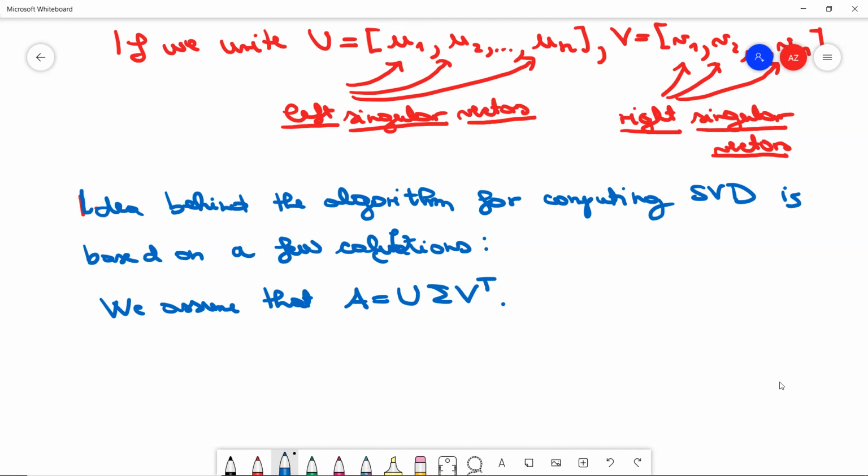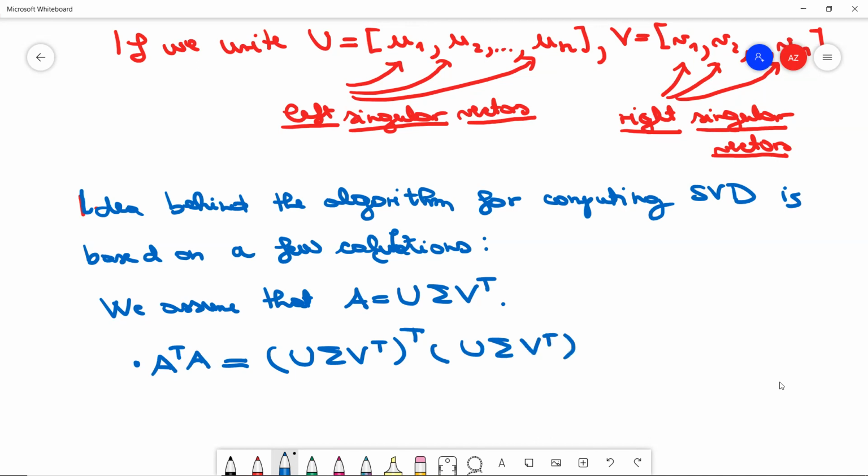And then let's calculate first A transpose A. So A transpose A, this is U sigma V transpose, and we have to transpose everything and multiply by U sigma V transpose. And how do we transpose? We already did this a few times. Transposing the product of matrices is the product of transposes in the reversed order.